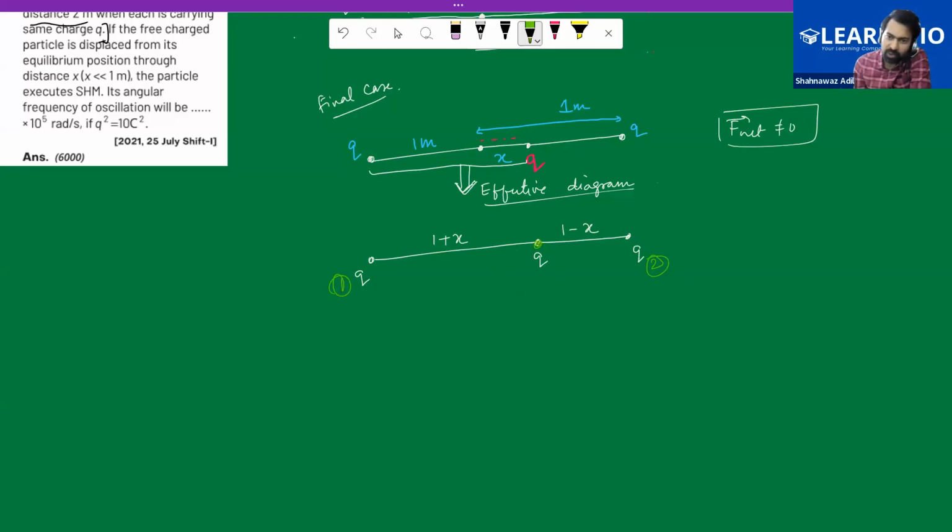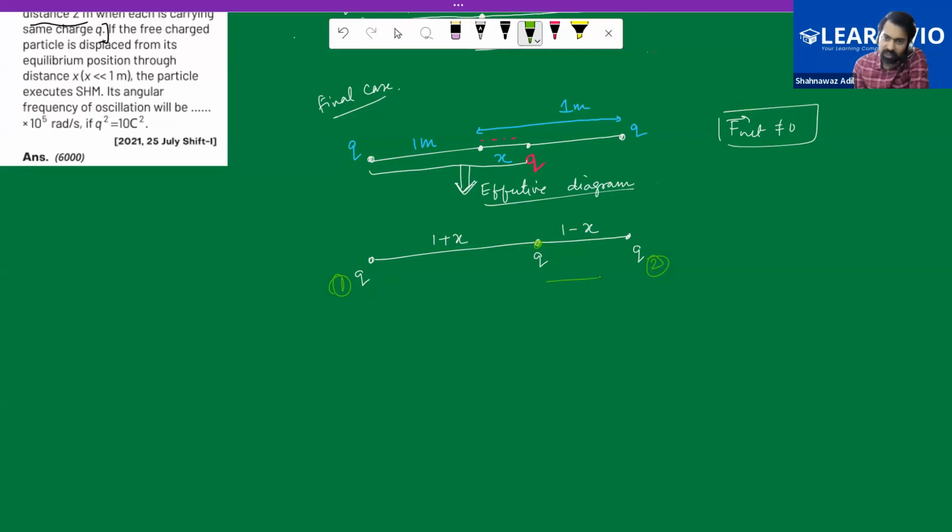So F1 would be towards the right, away from it, or towards this Q charge? What should be F1, towards 1 or away from 1? F1 will be away from 1. Absolutely correct, because the force is repulsive. Same charges, force is repulsive, so it will repel this thing, right?